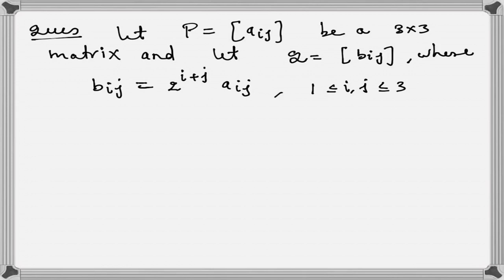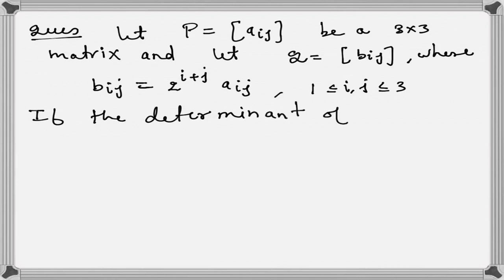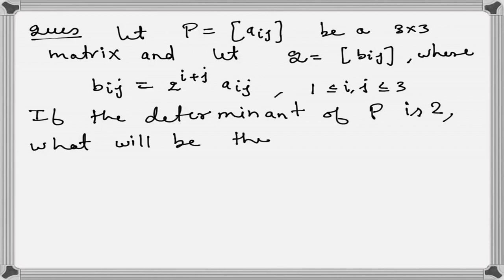So it can take value 1, 2, 3, right? The integer quantities. Okay, so if the determinant of P is 2, then what will be the value of the determinant of Q? Okay, so let's solve this problem.